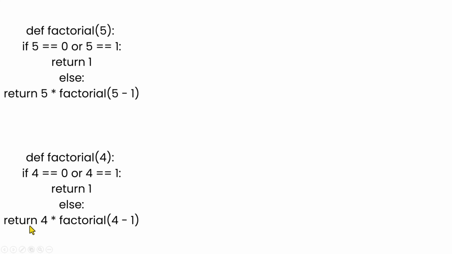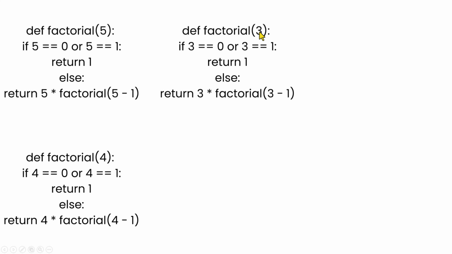In else we have written 4 into factorial of 4 minus 1. Now once again factorial 4 minus 1, which is 3, will be called. Now the value of n is 3. It checks if 3 is equal to 0 or 3 is equal to 1. Both are false, and so whatever is in else will be executed.